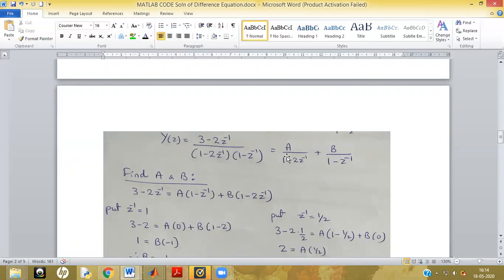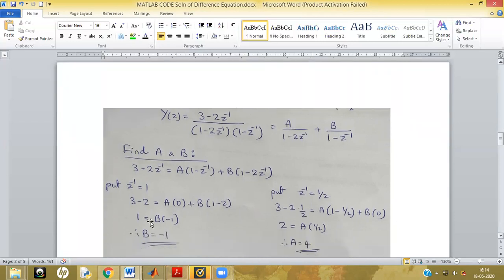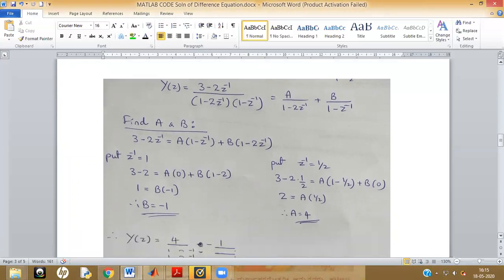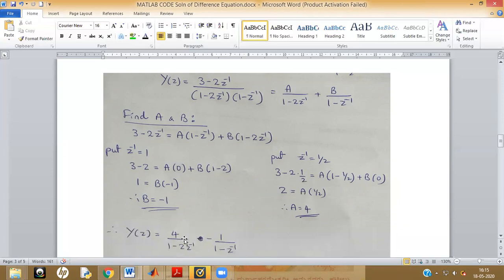So I have expanded it and I have to find A and B, and you can in simple terms show that A is 4 and B is minus 1. So if you substitute that, you will get an expression like this. Compared to the earlier expression, the same Y of z can be represented this way. This is more handy, more easy to obtain the inverse z transform of.